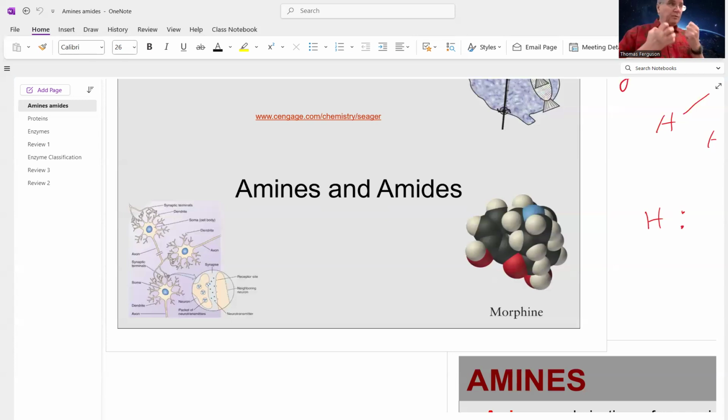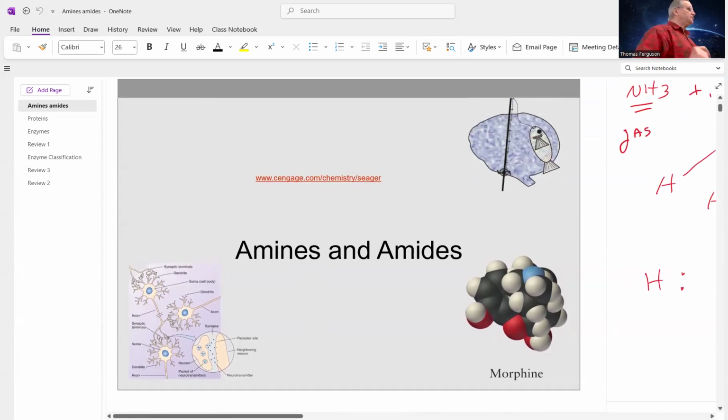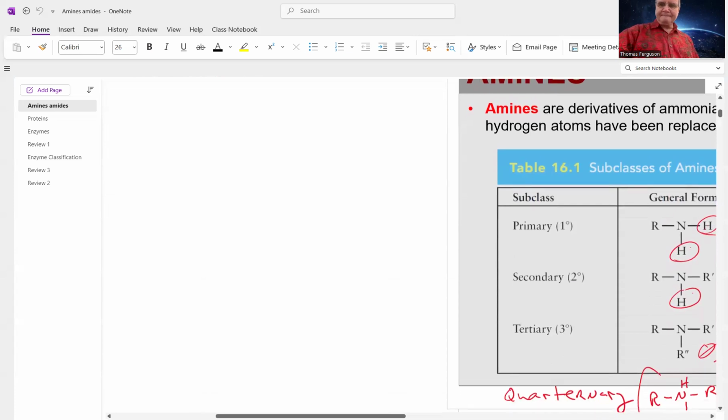So nitrogen is really an important part of our biochemical maze of chemicals. A lot of drugs have a nitrogen, like morphine has a nitrogen component to it. So they're really important.